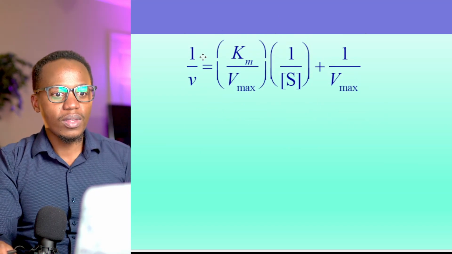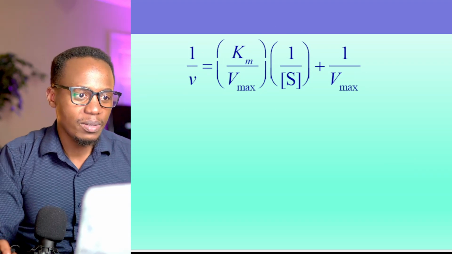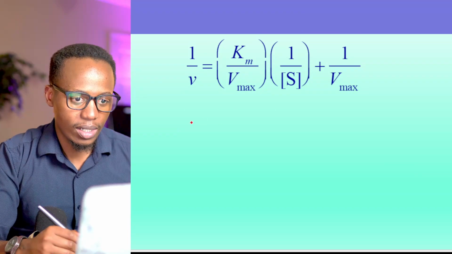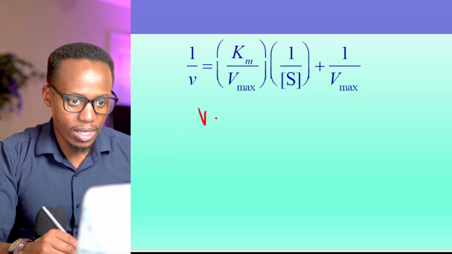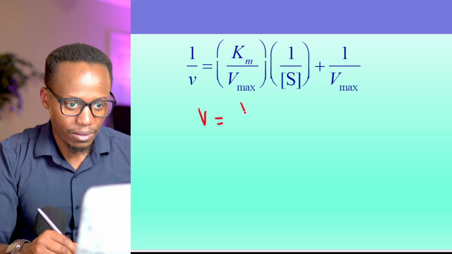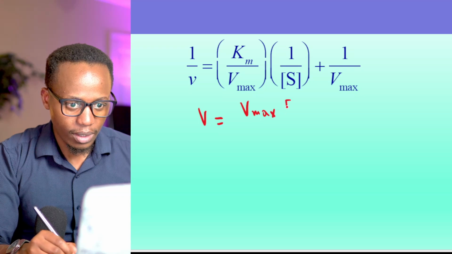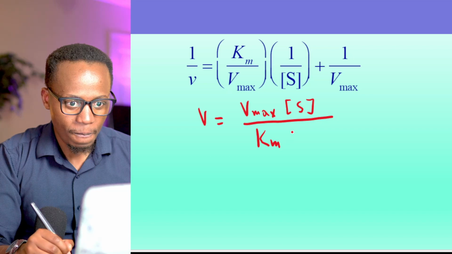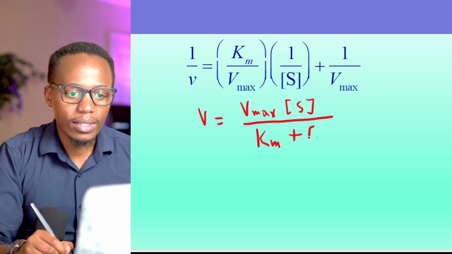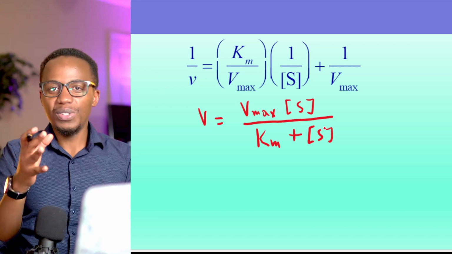If you remember, the Michaelis-Menten equation is like this: V is equal to Vmax times S over Km plus S. So I promise you this is how it is.